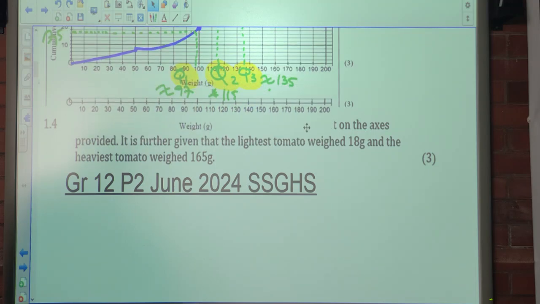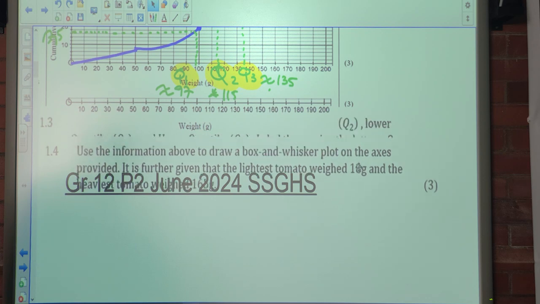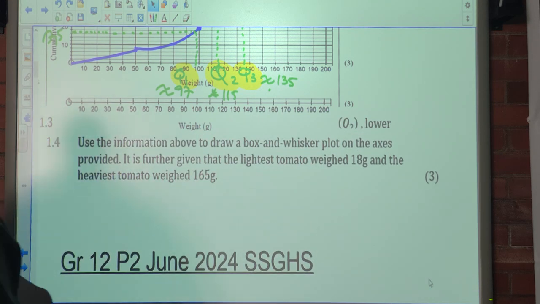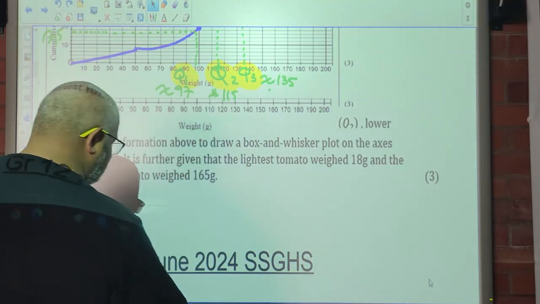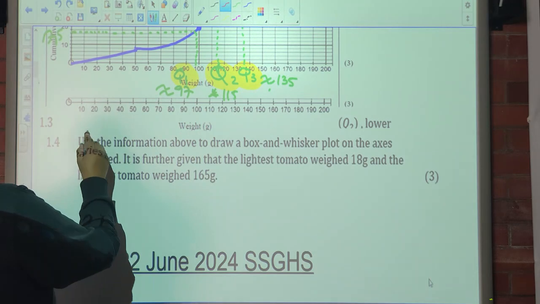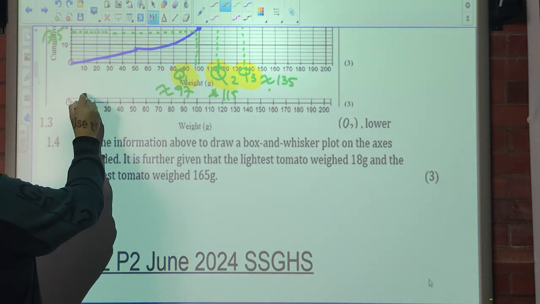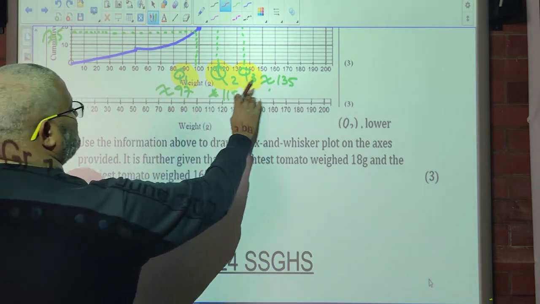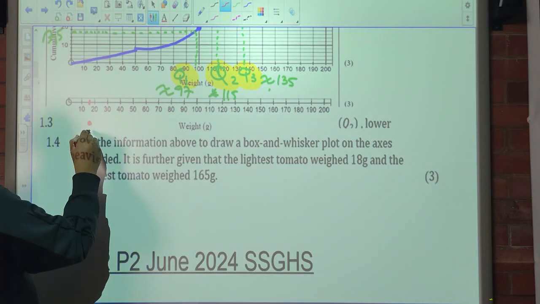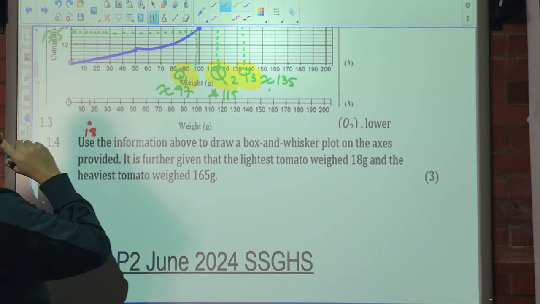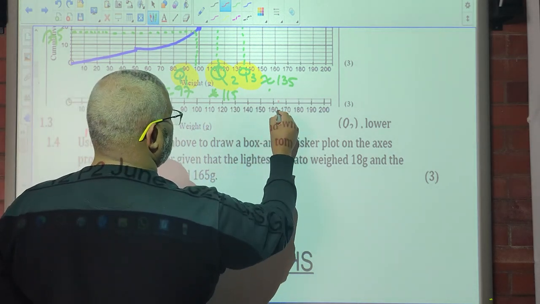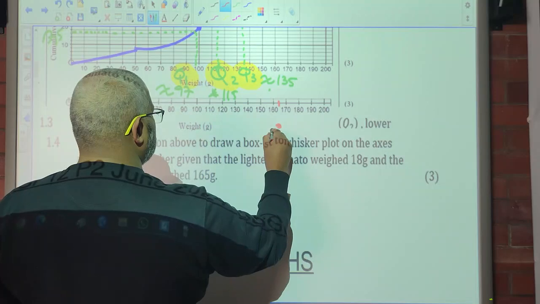But anyway, what we do is we say, okay, the lightest tomato weight came in at 18 grams. So it's less than 20, not so. Normally we would write it here on top, no? That's what I write at the bottom here. This is 18. The heaviest one is 165. So 165 is midway there.